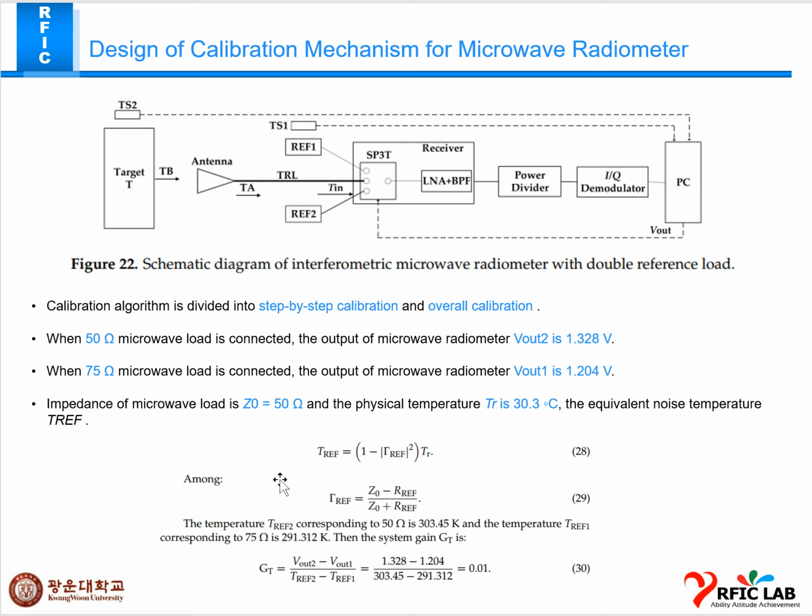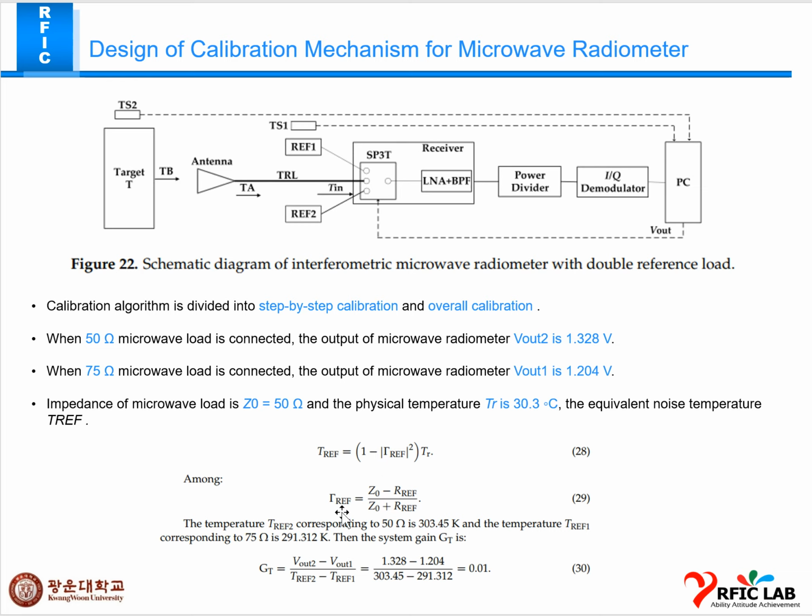Among this, when the equivalent noise temperature is considered, this is to calculate the specific temperature reference. We are going to use certain equations which I have gone through in that paper. For the temperature reference, we are going to use this formula.